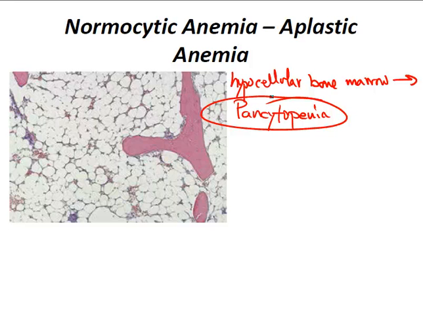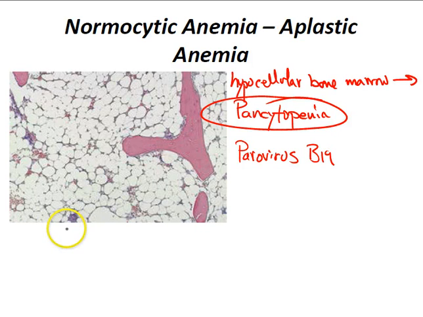Also, the one that the USMLE loves to test you on is parvovirus B19 specifically. It can cause aplastic anemia in sickle cell patients, who are at a higher risk than normal. So what do the labs look like?